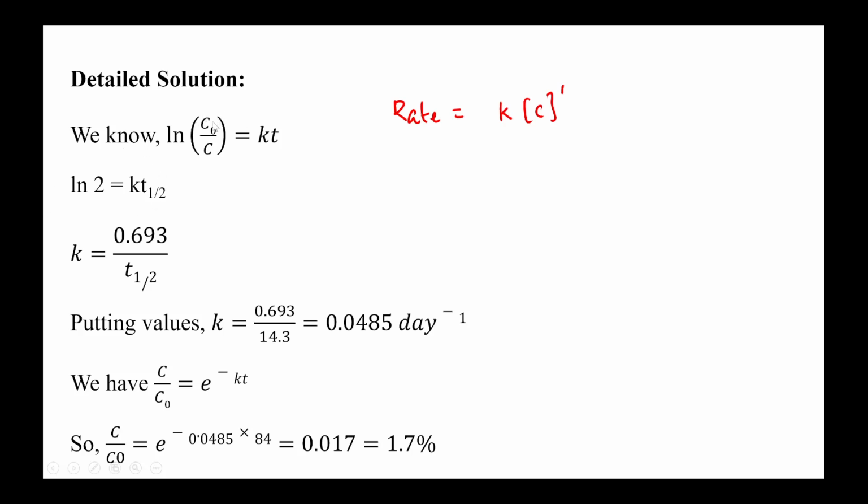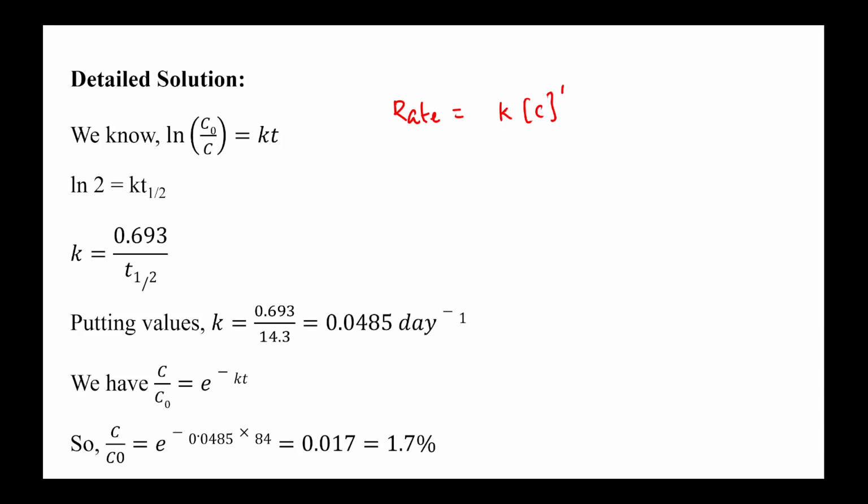Now half life is given as 14.3 days. So what do you mean by half life? Half life is the time required for that particular reactant to degrade into half of its concentration.